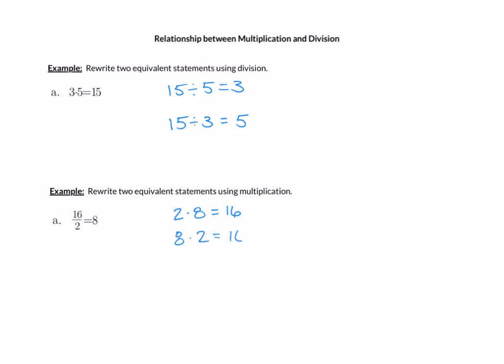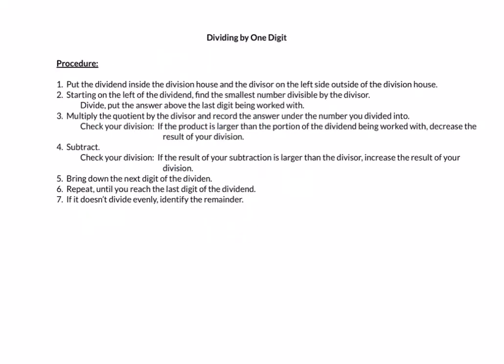I can also say 8 times 2 equals 16. Okay, so that takes care of our relationship between multiplication and division. So let's get into some actual division problems that we're going to see in this section.